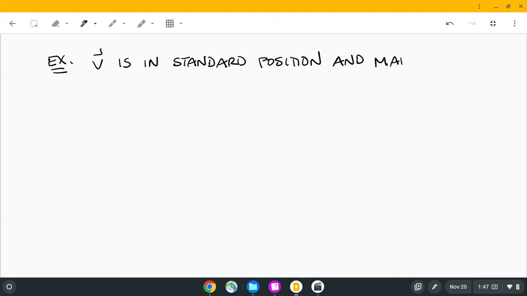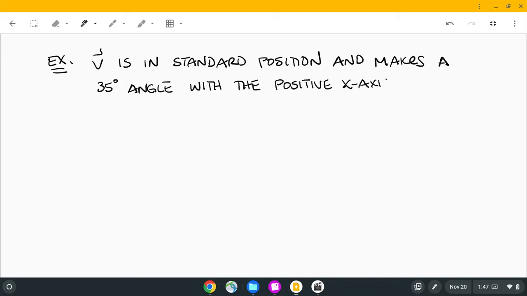So now we're getting into some trig here. It makes a 35-degree angle with the positive x-axis. With the positive x-axis. Okay.